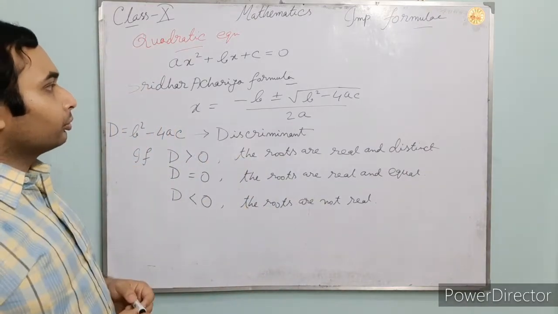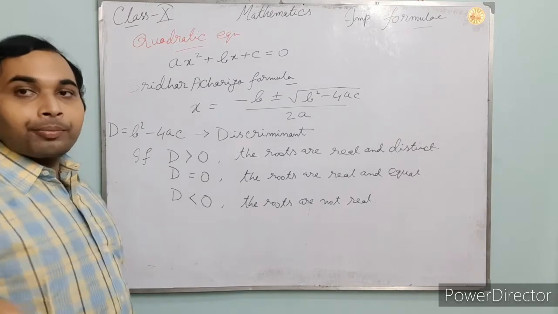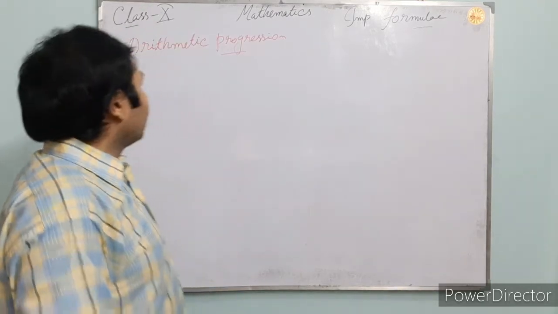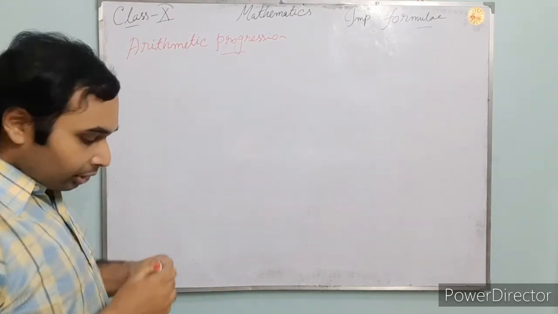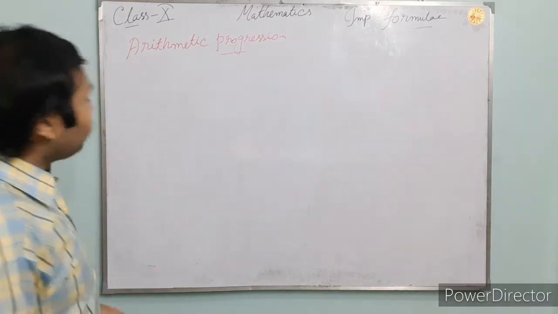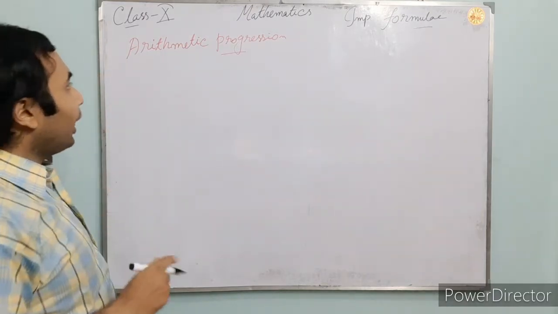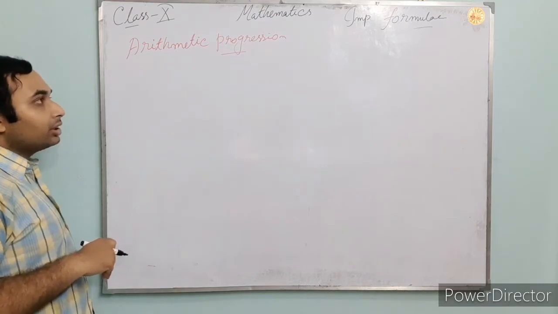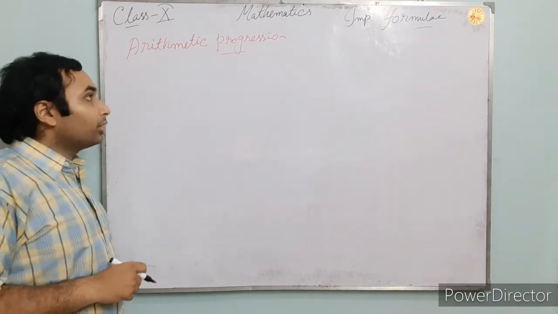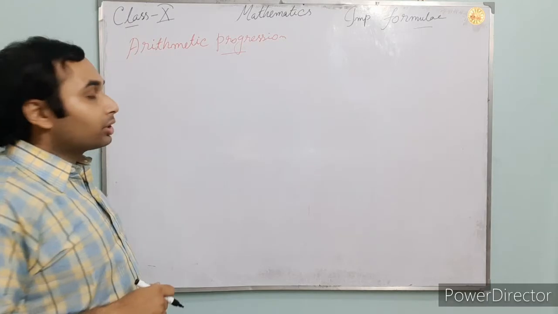Then let us come to the next chapter. The next chapter is arithmetic progression, or it is called AP. For AP, this is the series problem. AP, GP and HP are there, but in your syllabus only AP is there.